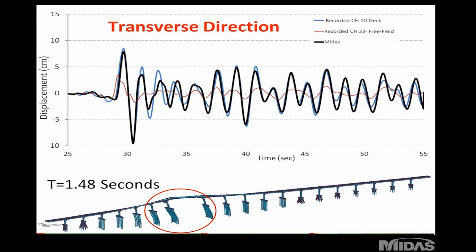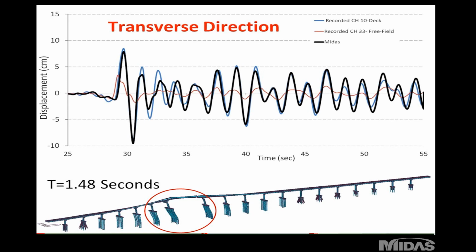Of course, I have the recorded motion. You start your model, and then you start getting the model as real as you can. Initially, I was getting about 2.2 seconds as my fundamental period. Then I noticed that I didn't have the correct mass for the pile cap, so I modified the model.